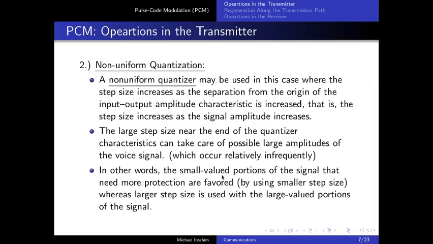The portions of the signal with small values, with fine details, which need more protection in terms of being represented appropriately, are favored by using a smaller step size, whereas larger step sizes are used for large valued portions of the signal, where large amplitudes have not so much fine detail. This is the basic idea behind a non-uniform quantizer.